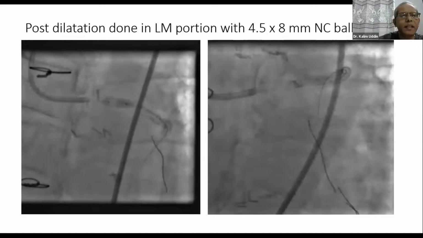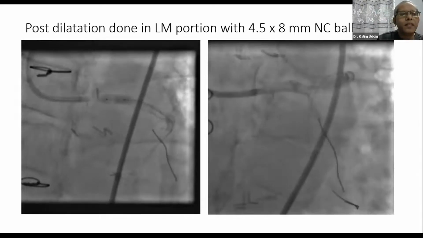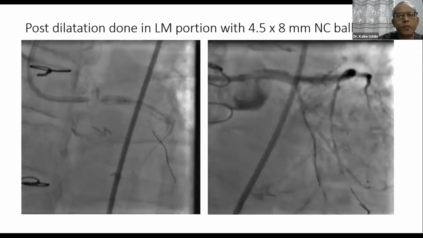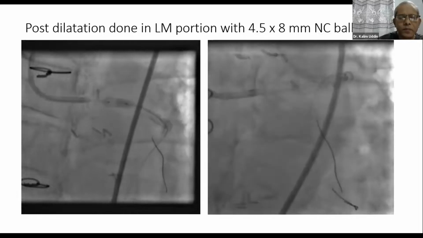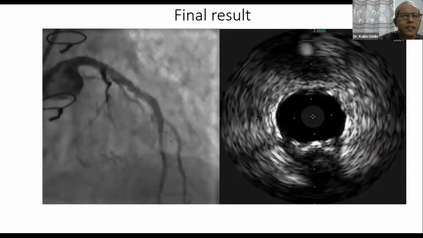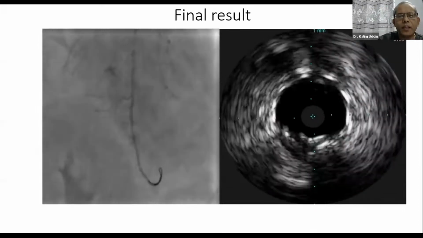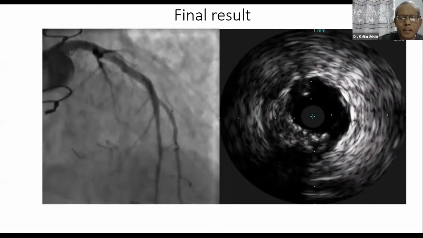Post dilation was also done in the left main portion with a 4.5 into 8 millimeter non-compliant balloon. Angiographic result: angiography shows the stents are well looking, and the stent is well apposed on the IVUS study.